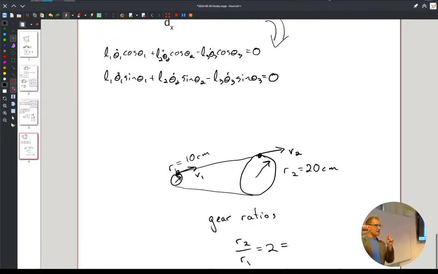If the chain had different speeds, like if V2 was more than V1 here, then something is stretching the chain and snapping it, or maybe it is just stretching, like a rubber chain. So that would be different. Now I have a spring acting as a chain.